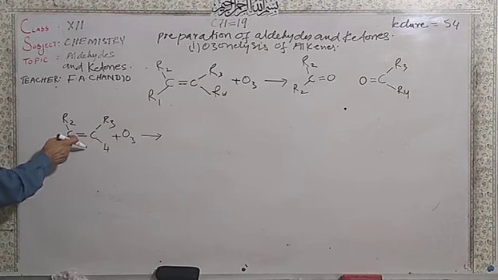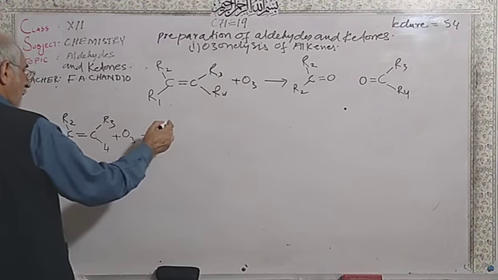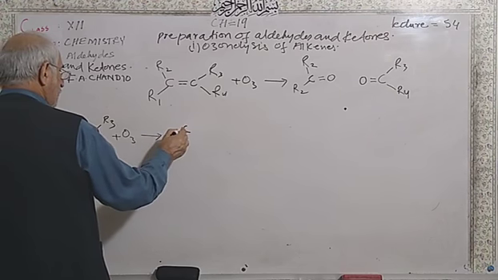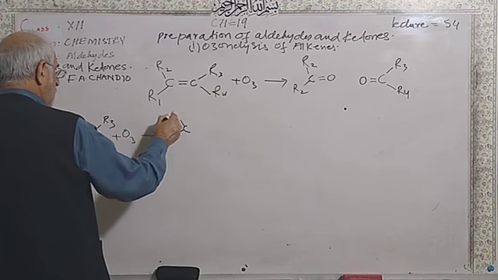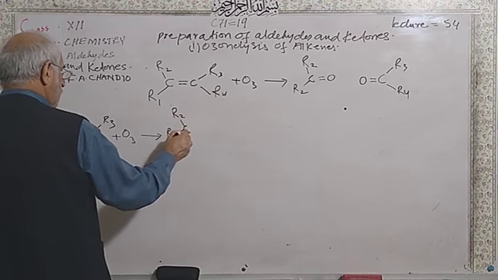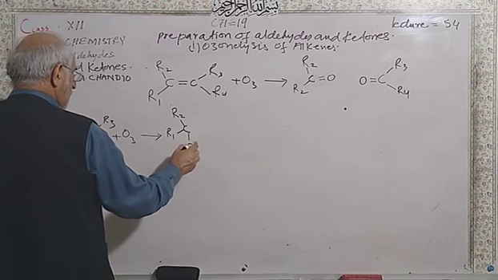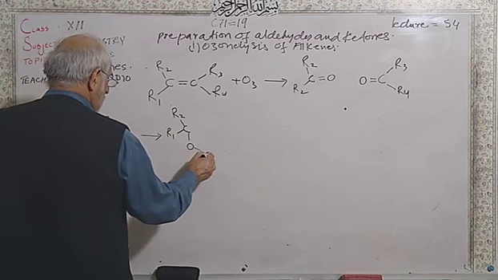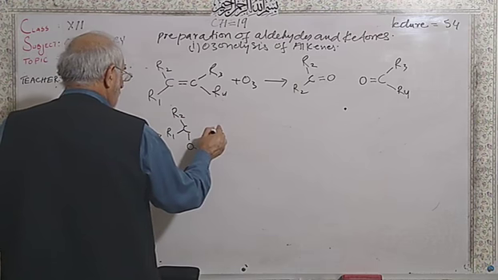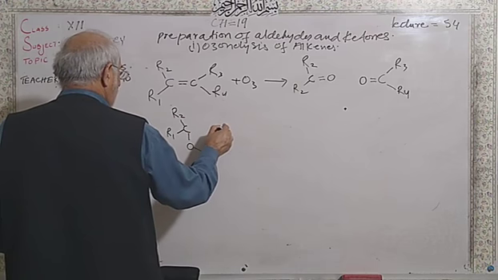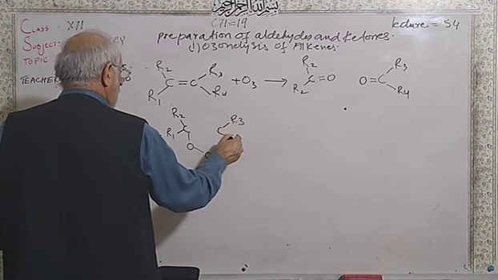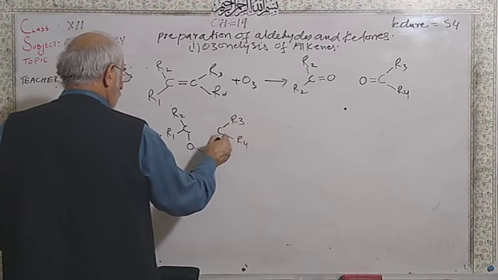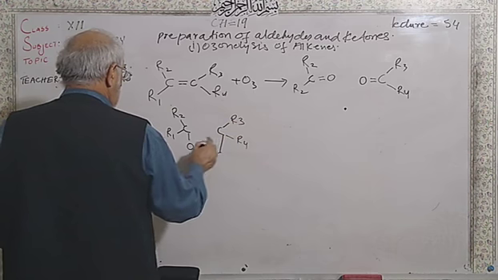Put these oxygens here. This is a carbon and this is alkyl group 1, there is alkyl group 2, oxygen, and this is carbon number 2, alkyl group number 3, alkyl group number 4, like this one.